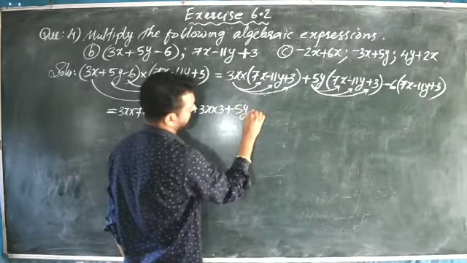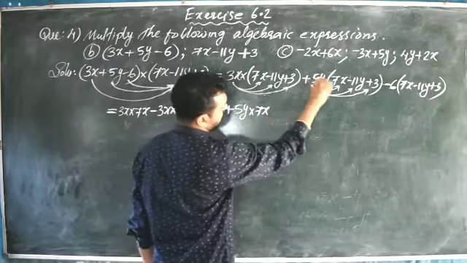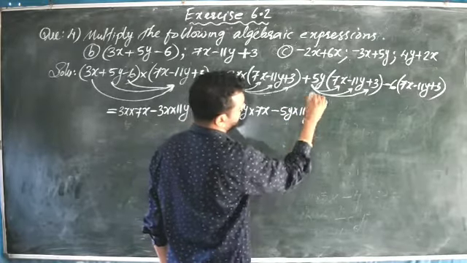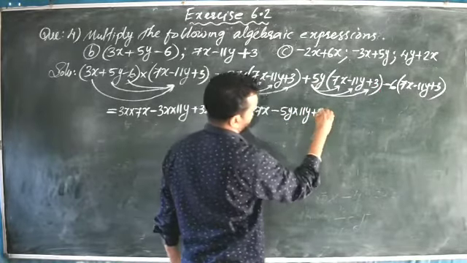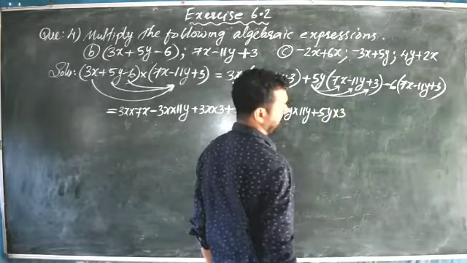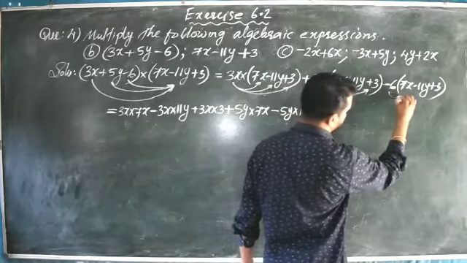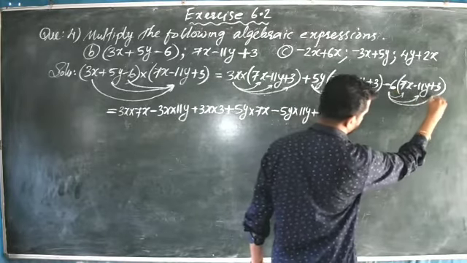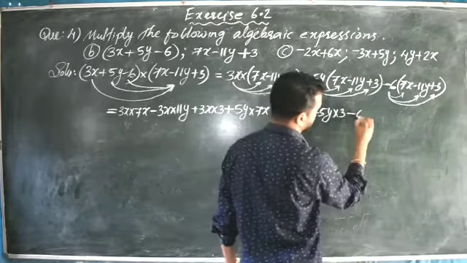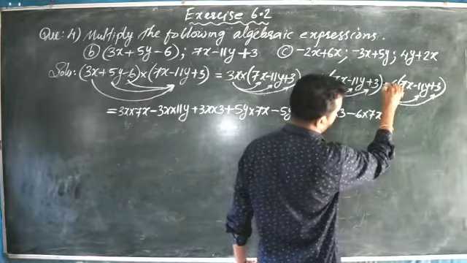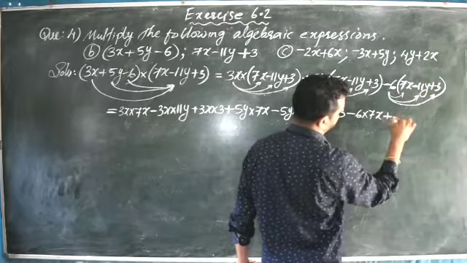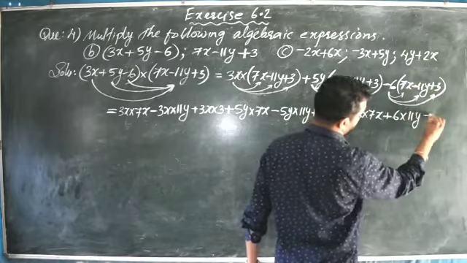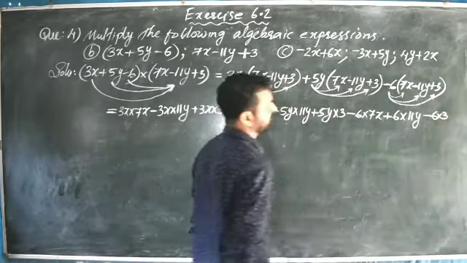Okay, next one. Minus 6 into 7x, minus 6 into minus 11y, minus 6 into 3. Minus into minus, it will become plus 6 into 11y, minus into plus, minus 6 into 3.